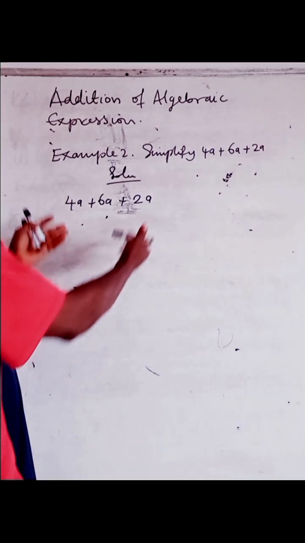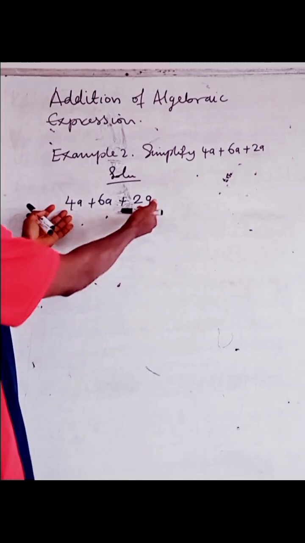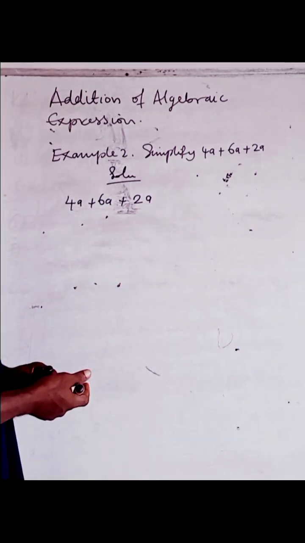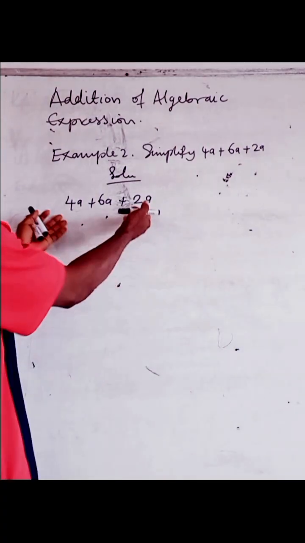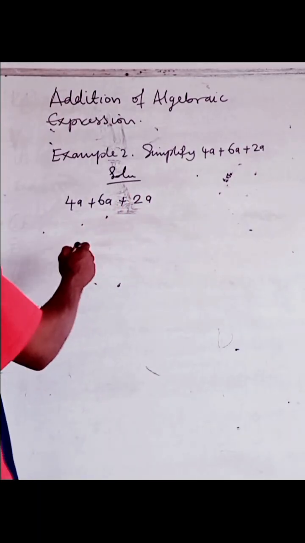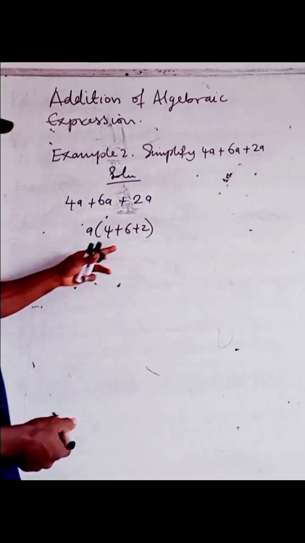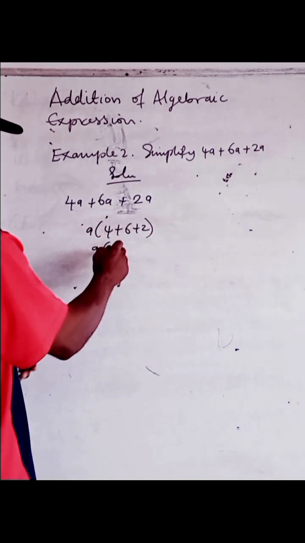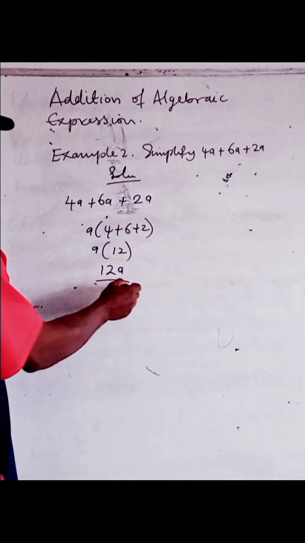So when we have this type of case where we are asked to add like terms together, the part of the expression that we are going to add together is the coefficient of the expression. So this algebraic expression can also be represented as a multiplied by 4 plus 6 plus 2. And therefore, this is the same thing as a multiplied by 12, which is the same thing as 12a.